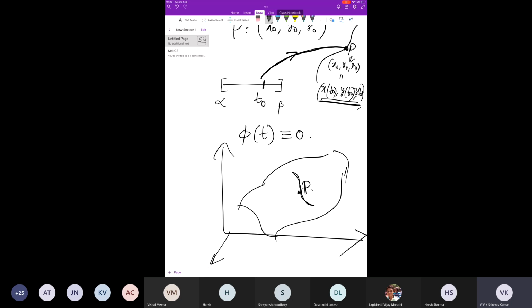One way, the definition of integral surface is nothing but the sum total of all the characteristics. The other way around we are saying, if you take an integral surface and any point, and a characteristic curve passing through it, it has to entirely lie in the integral surface. That's what this problem is saying. Okay.